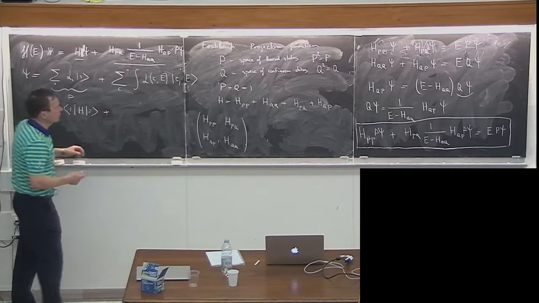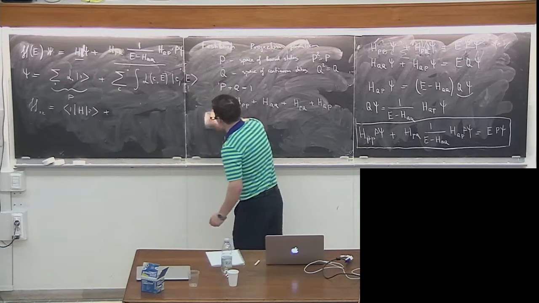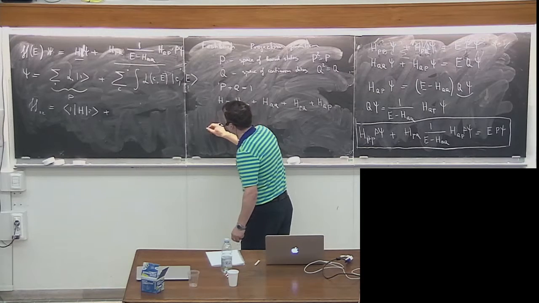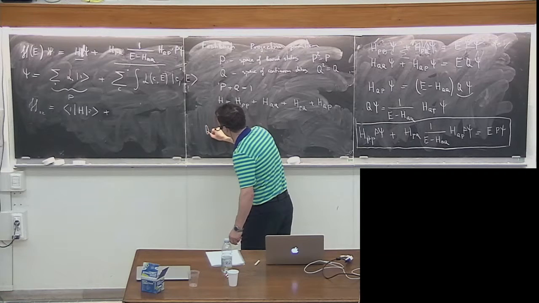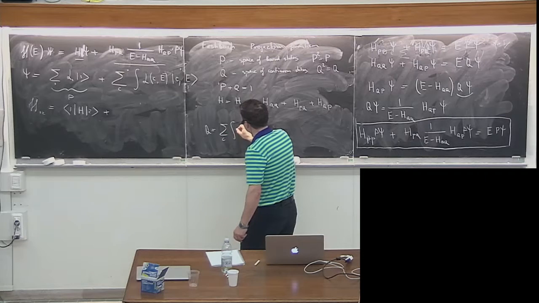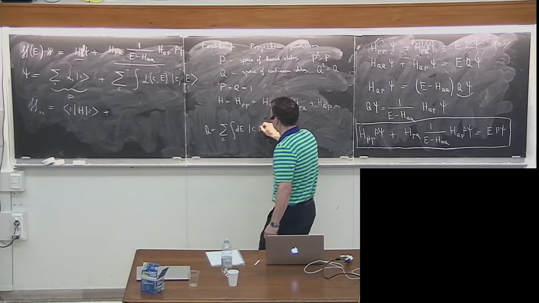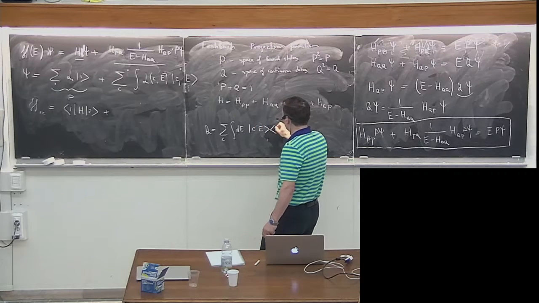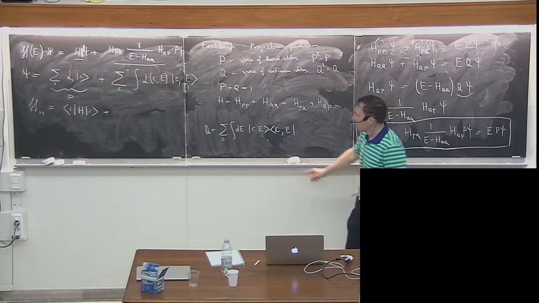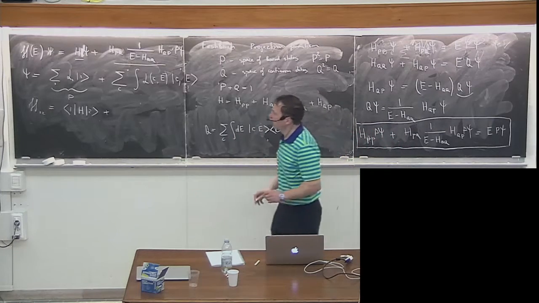Maybe I can erase this and write that, of course, I have a completeness for a P projector or Q projector, which is effectively a sum over all channels, an integral over all energies dE, and then here I have C E. That is a complete projector on this space Q. It's just a summation and integration of all possible cases.